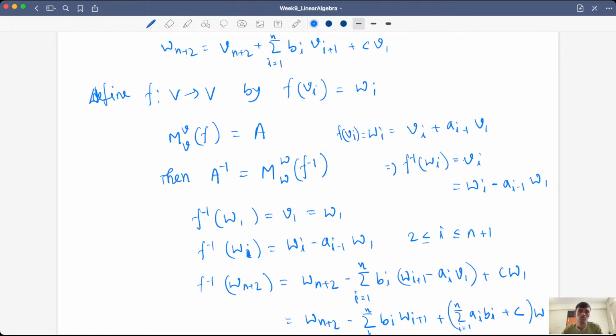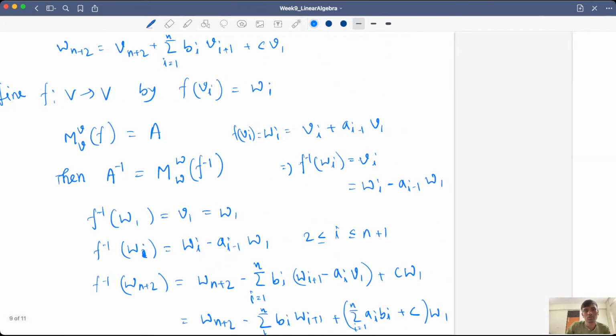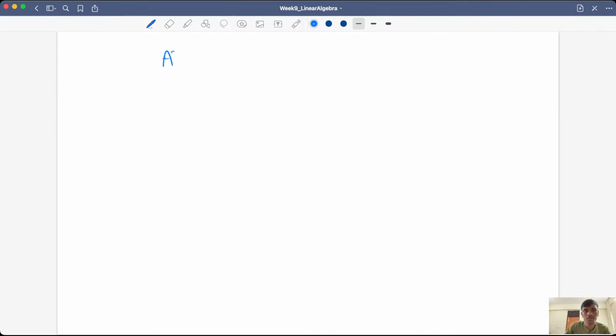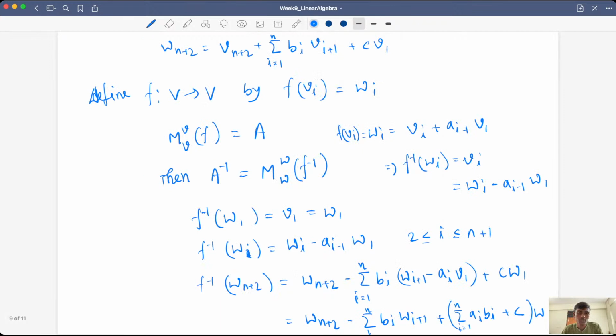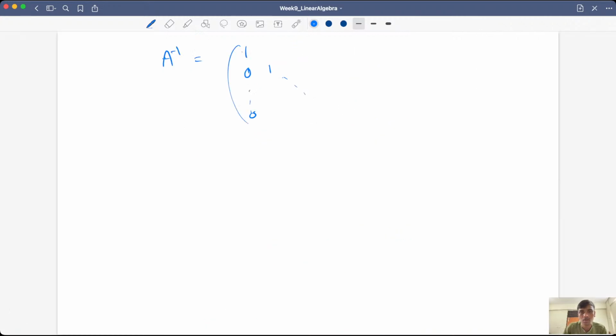Okay, so that's how you get it. Then simply A inverse will be 1 0 0 0 all the way up to 0, also 1 in this thing, because always f inverse of wi has a 1 on the diagonal.